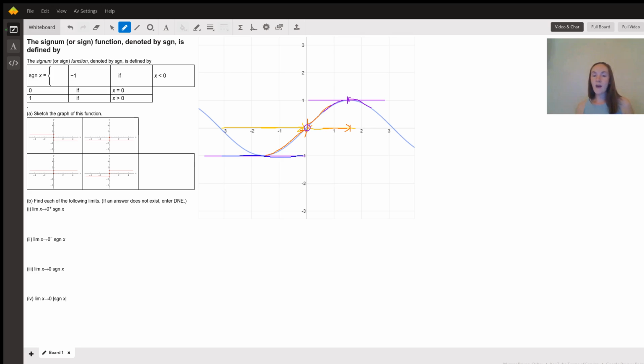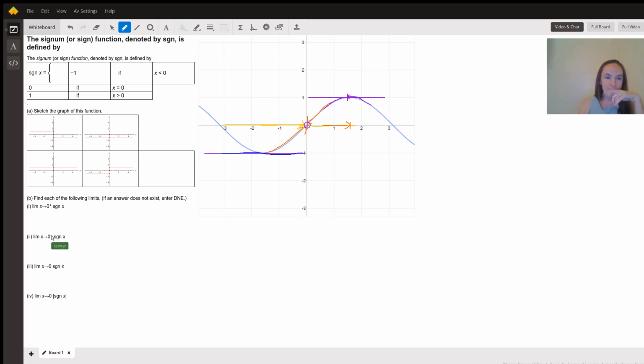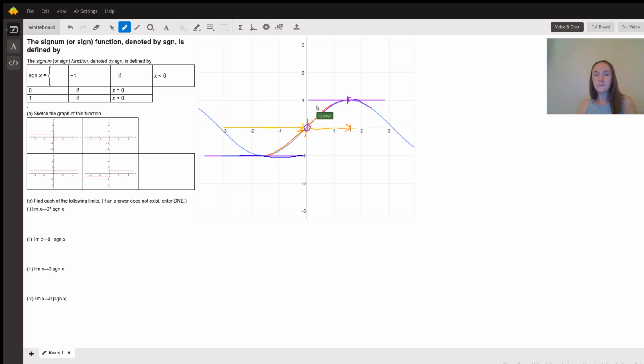A constant function is just moving along, it's not going anywhere. It's approaching -1. What if I want to look at the limit as x approaches 0 from the positive direction, which is denoted, if we scroll down, by the little minus sign and plus sign? That indicates which direction you're coming from. We just looked at it coming from the negative direction. What if we're coming from the positive direction? We're moving along towards 0, and the function is up here at 1.